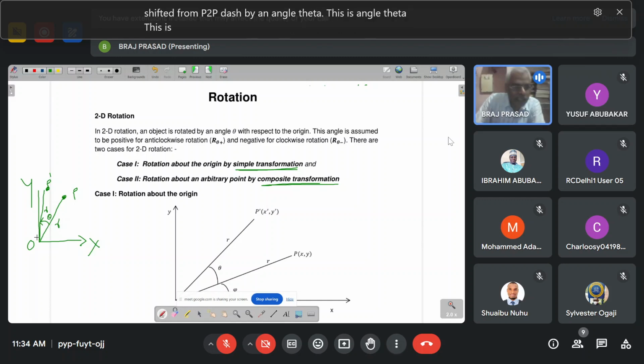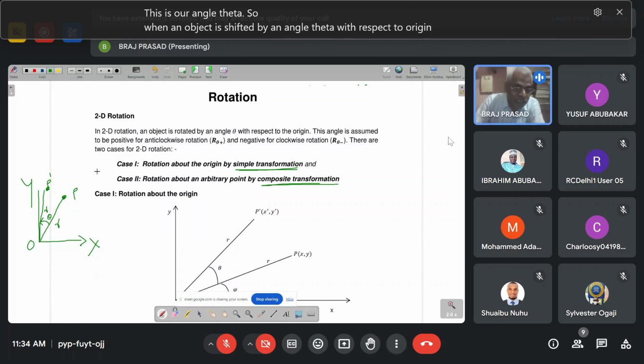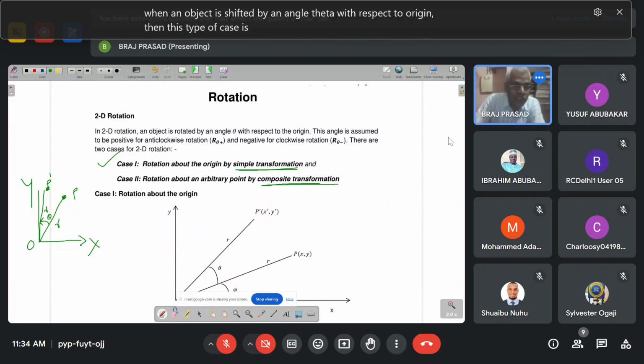This is our angle theta. So when an object is shifted by an angle theta with respect to the origin, this is called case 1, that is rotation about the origin by simple transformation.